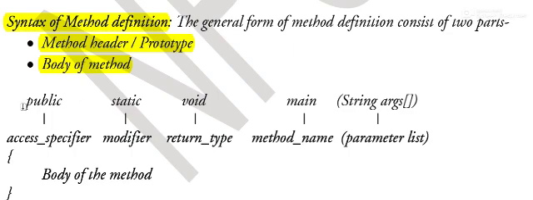For example, in the method public static void main, public is the access specifier, static is the modifier, void is the return type, main is the method name, and String args is the parameter list. After defining the header, we define its body within the pair of curly brackets.